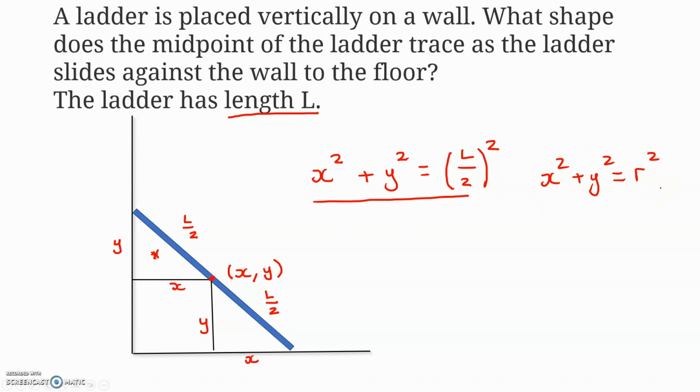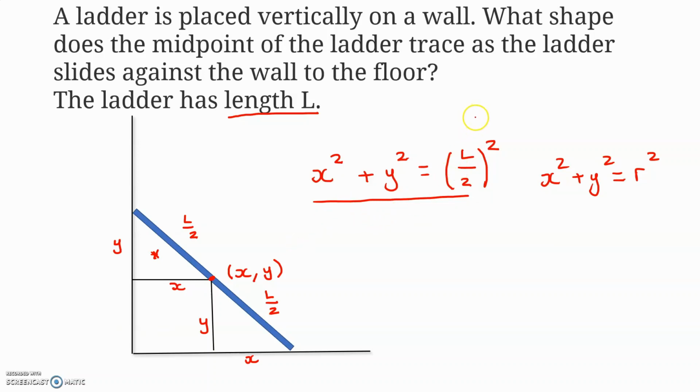Now r stands for the radius of the circle, so basically what we've proved here is that those coordinate points x, y would follow a circular path as the ladder slips down the wall.